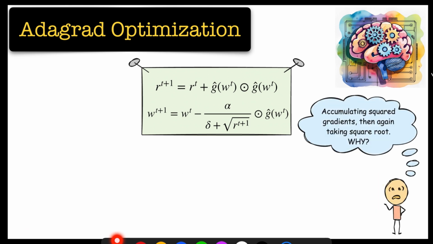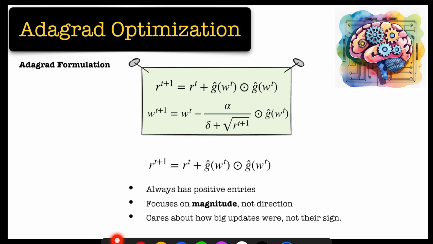Now one question that comes to mind is about accumulated squared gradients. We are taking squared gradients, and then again taking the square root. Why are we doing that? When we take this squared element-wise product, it will always have positive entries. So we are focusing on magnitude, not direction.